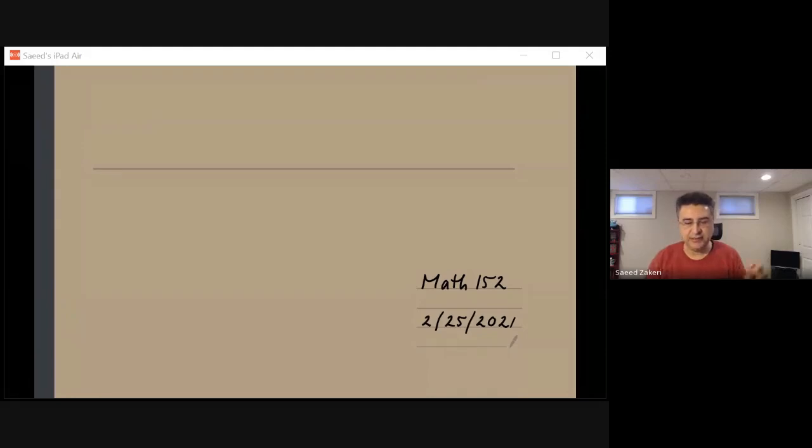There are certain integrals with a square root sign which are not easy to do. If regular substitution doesn't work, if regular methods like integration by parts don't work, we usually try trigonometric substitution.